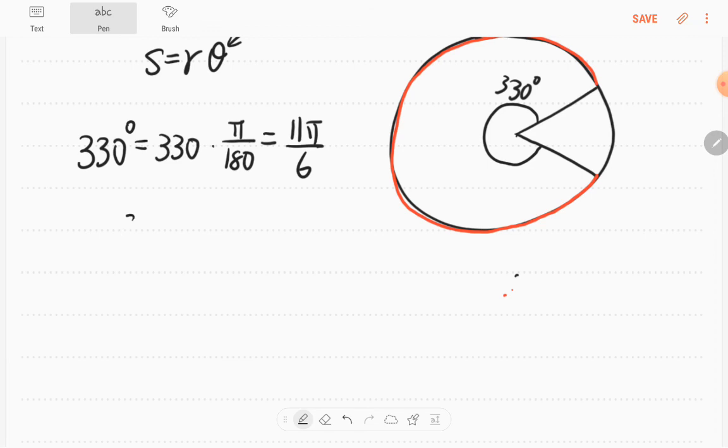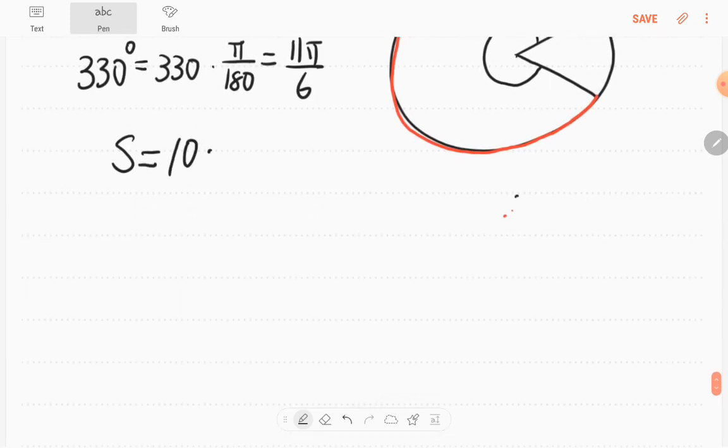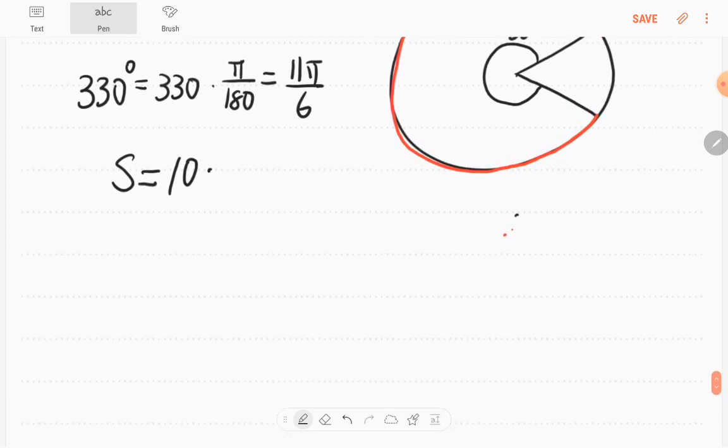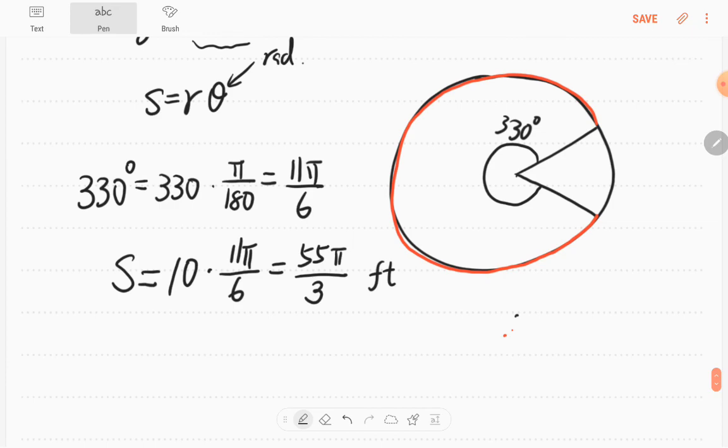Okay, so the arc length s is equal to our radius, which is 10, times the angle in radians, which is 11 pi over 6. So this would be 55 pi over 3 feet. Okay. So this is the one application.